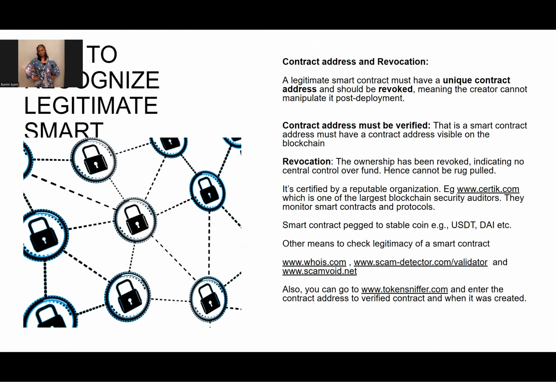The contract address must be verified. That is, a smart contract must have a contract address visible on the blockchain. If you have the contract address for a smart contract and you enter it into the blockchain and you can't find it, it's not legit.